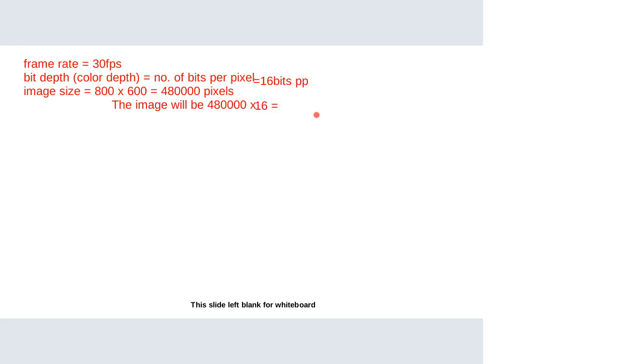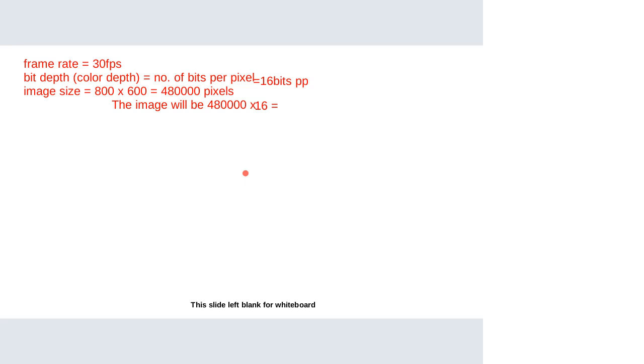So what is the size of each of our images? We have to multiply those two numbers. That would be a good point of interaction. Let me have several of you help us do that calculation. What is 480,000 times 16? Actually, alternatively, let's convert it to bytes.